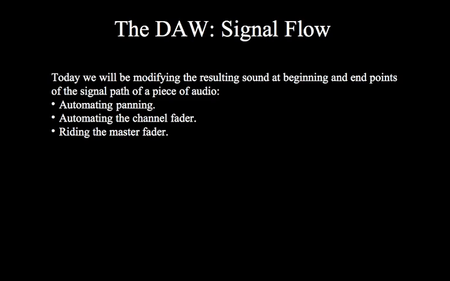This is an important thing to get your head around because so much is happening underneath the hood, so to speak. And so we need to have a general idea of some of these concepts of how signals are being routed in order to have more control over what exactly is happening in the DAW.